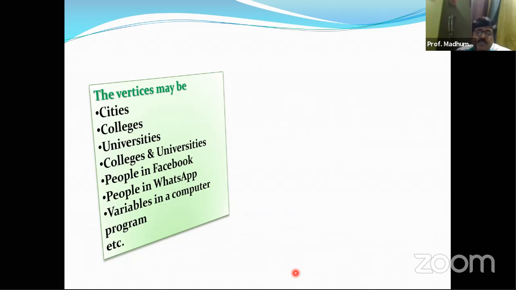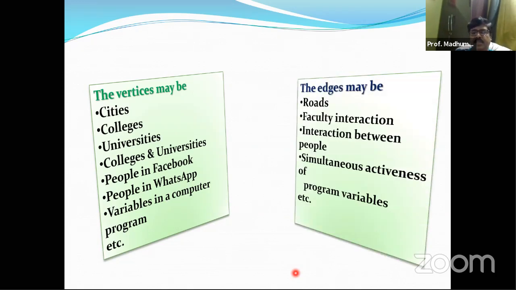Even variables in a computer program may be taken as the vertices, and many other things. That means depending on the example, we identify the set of vertices.